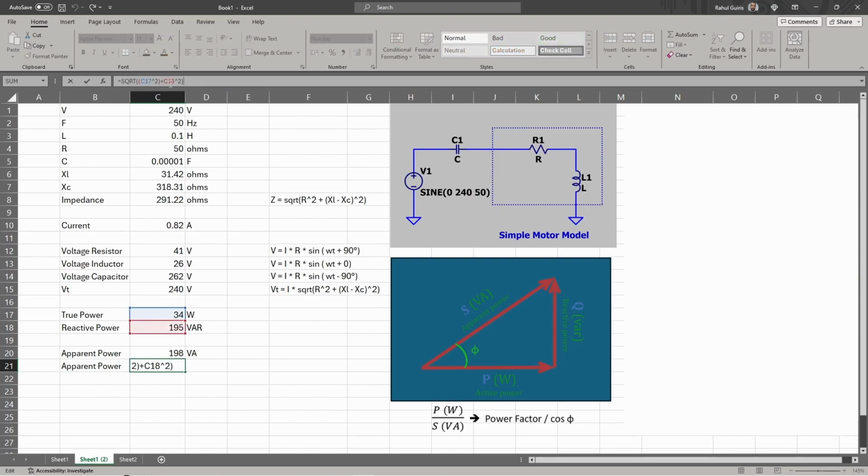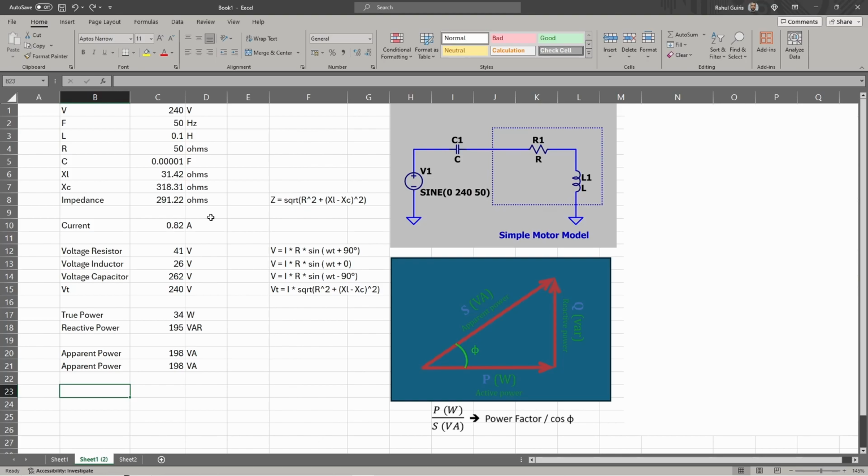So doing the square root of true power P squared plus Q squared, we get an apparent power of 198 VA. So you can see that the two numbers match up, and this is just a confirmation that the calculations I've done here are accurate.